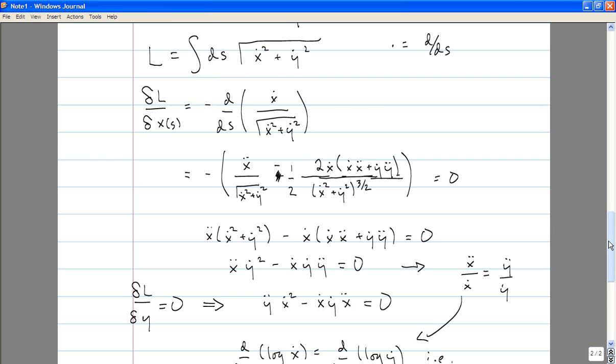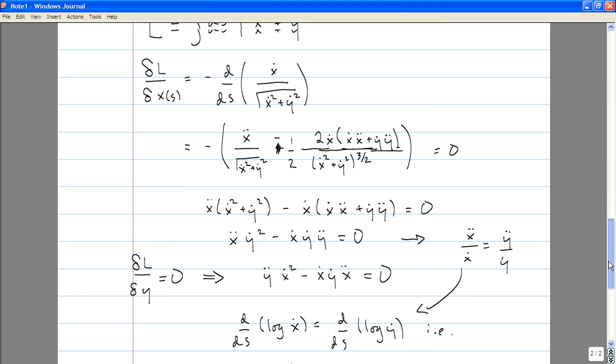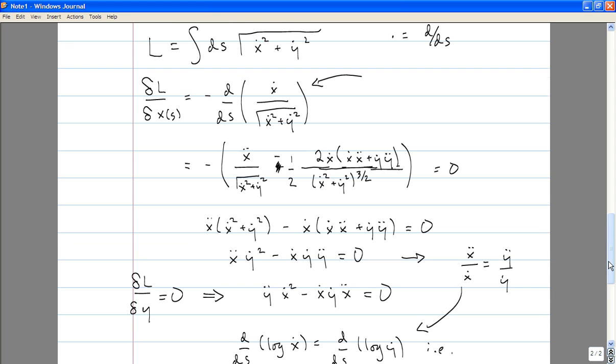That's just the conservation of momentum that we discussed last class. And indeed, if you look at this equation here, this just says that d by ds of x dot over the square root of x dot squared plus y dot squared is a constant. And that is, in fact, what we would have called d by ds of the momentum conjugate to x.